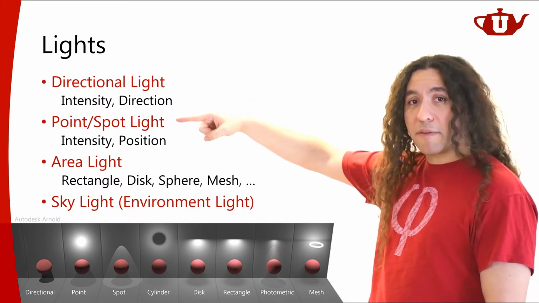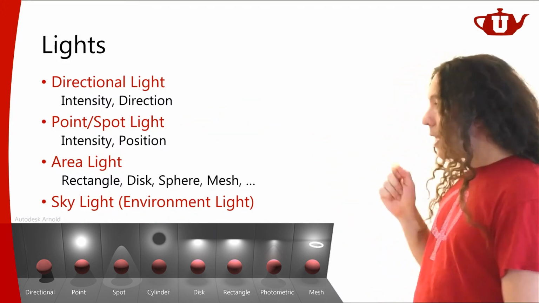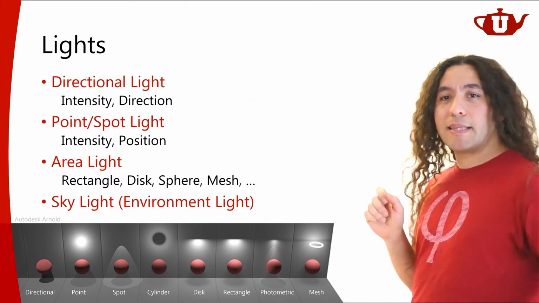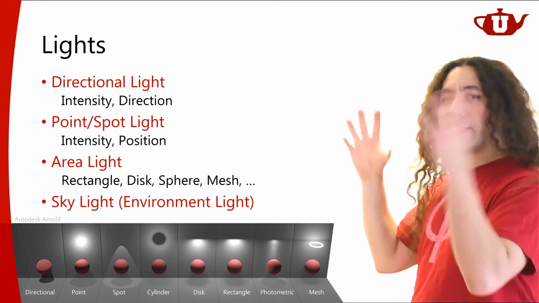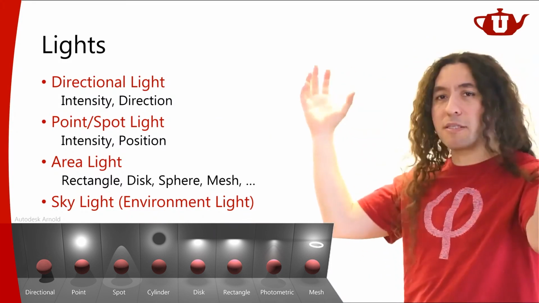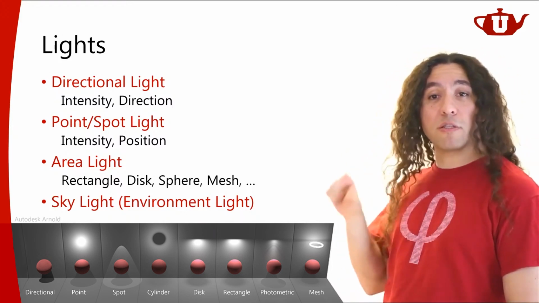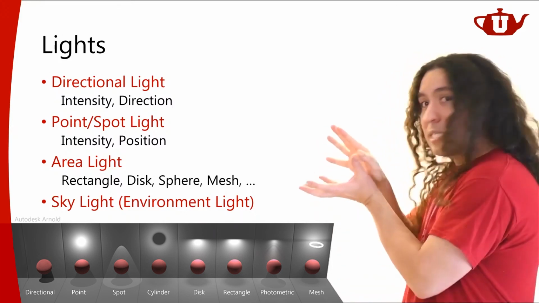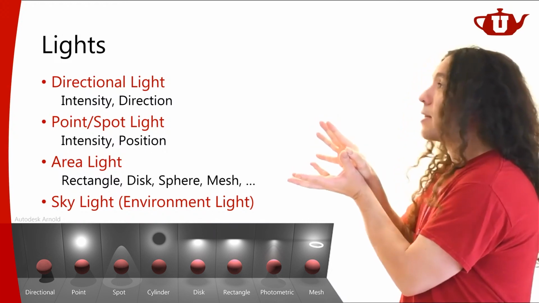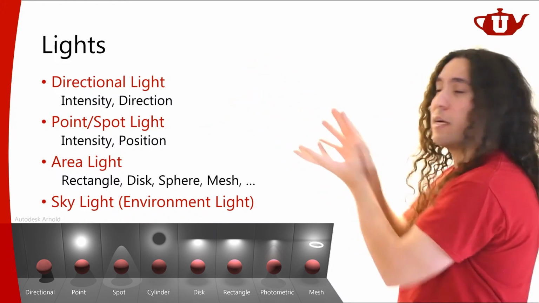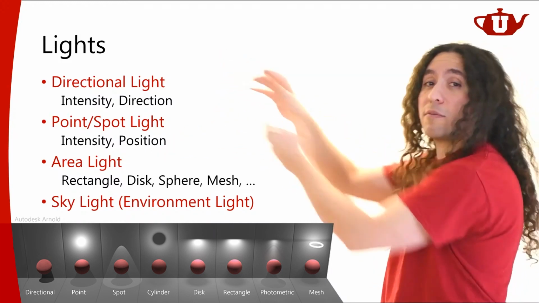The other variant of that is the spotlight. Unlike point lights, which emit light in all directions, spotlights emit light in certain directions only. So there's going to be a spot angle, and a spotlight will send illumination only along that direction.